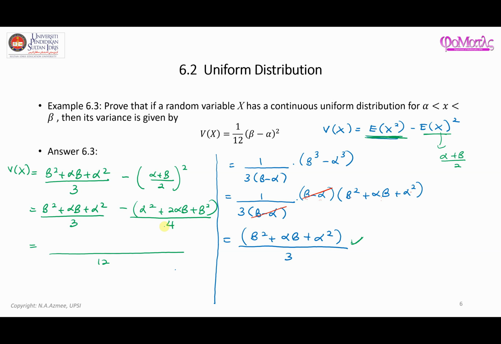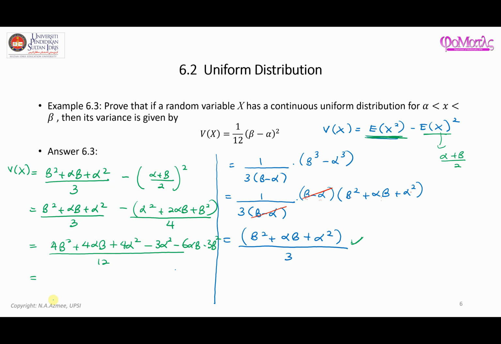So we're going to focus on the upper part now. So we have 4 beta squared plus 4 alpha beta plus 4 alpha squared minus 3 alpha squared minus 6 alpha beta minus 3 beta squared.